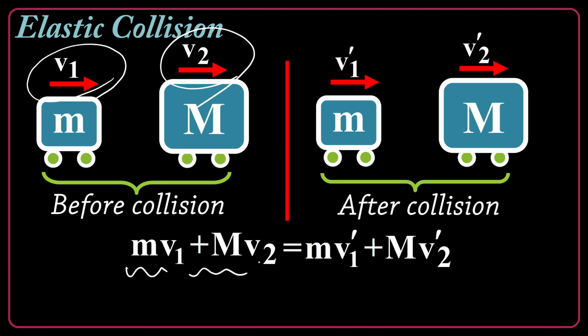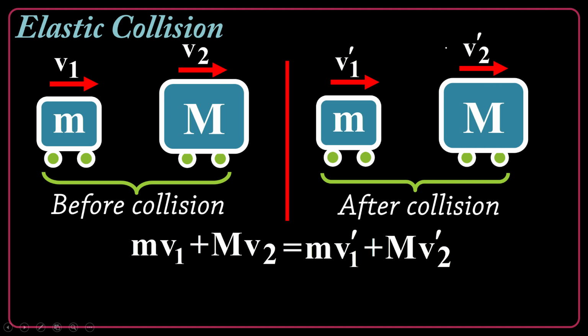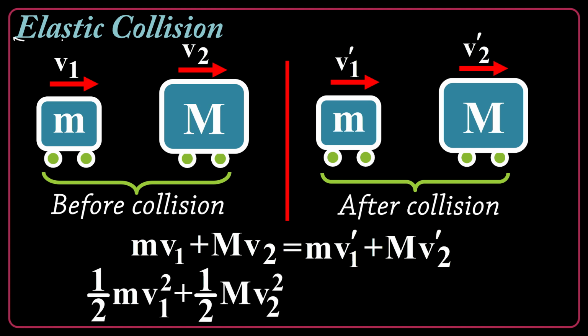After the collision, I don't know what happens. In general, I use positive sign for both, but if you solve this equation and find, for example, v prime 2 negative 4 meter per second, this negative sign means that v prime 2 is to the left. You can use also the conservation of kinetic energy here because it's elastic collision.